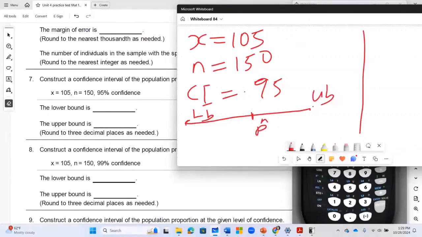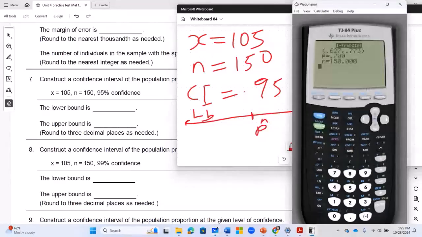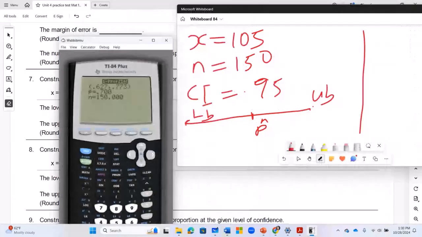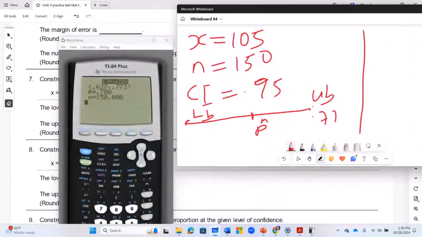The upper bound is 0.773. The lower bound is 0.627. And P hat is given to me as 0.700 or 0.7.